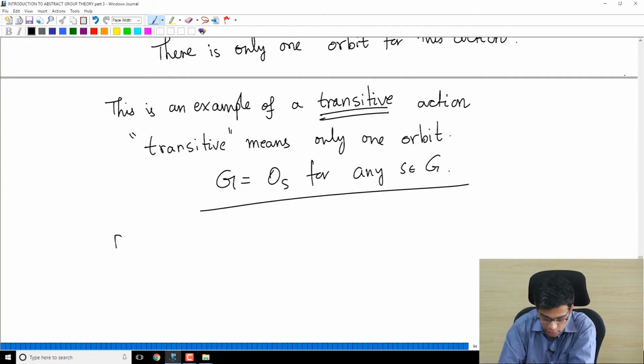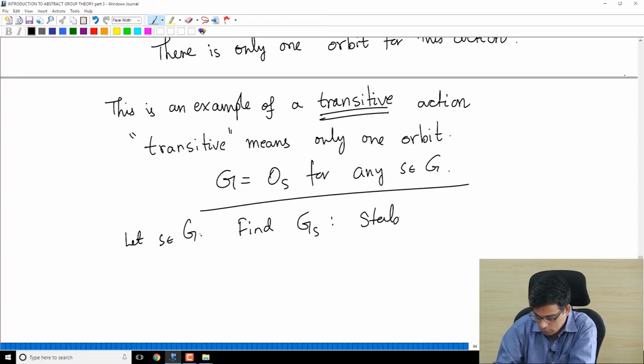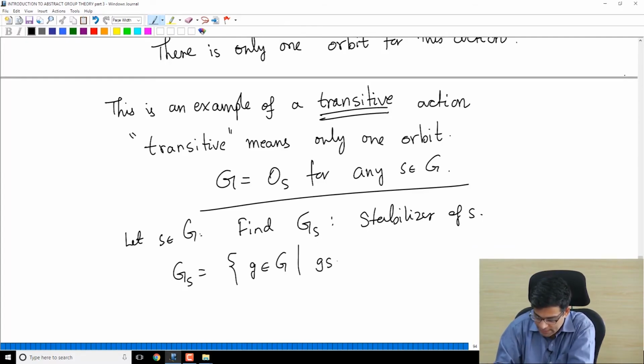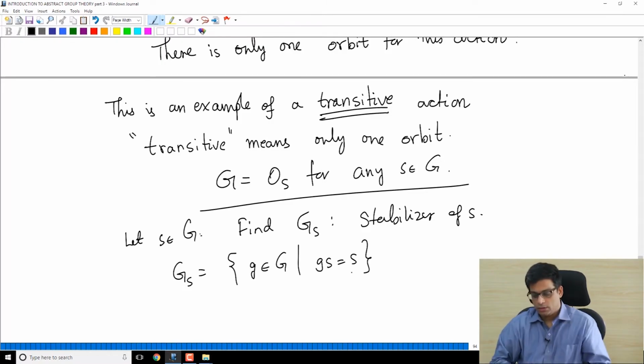Now on the other hand, let us take an element s, in this case in G, and find the stabilizer. That was also the problem, right? What is G_s? This is all elements of the group that fix s.